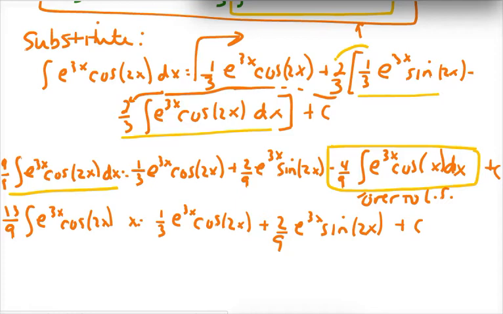Okay, but the original problem was not asking for 13/9. It's asking for simply what the integral evaluates to. So I'm going to apply another little algebra piece to that, and I'm going to multiply everything through by 9/13. So I'm going to multiply this entire expression through by 9/13.